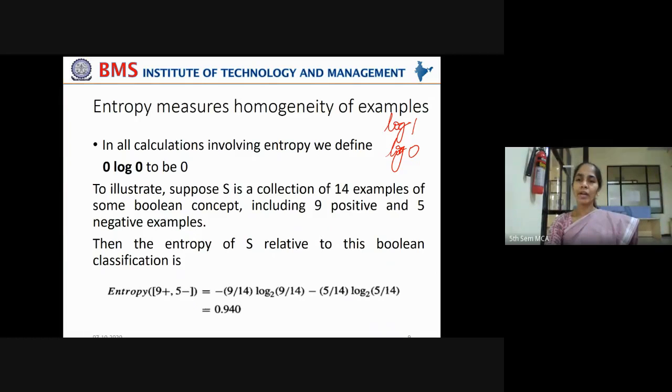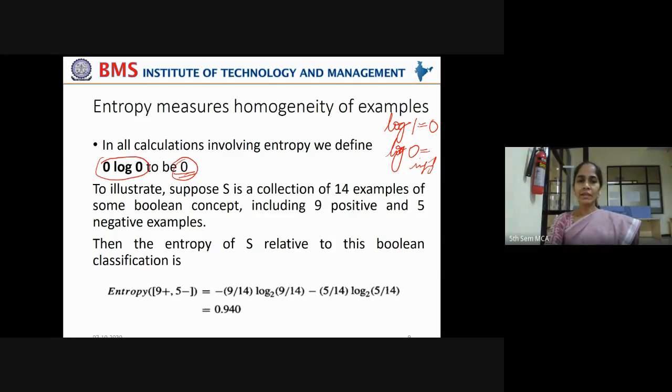If it is log 1, the value is 0. And if it is log 0, the value will go to infinity. These are all minimal mathematics that you need to remember before going forward with this entropy concept. Now, in all calculations involving entropy, we define 0 log 0 to be 0. Why? Because log 0 is what? Infinity. 0 into infinity becomes 0, right?